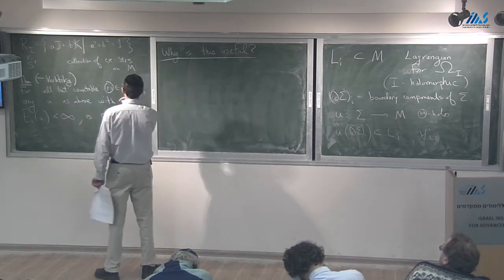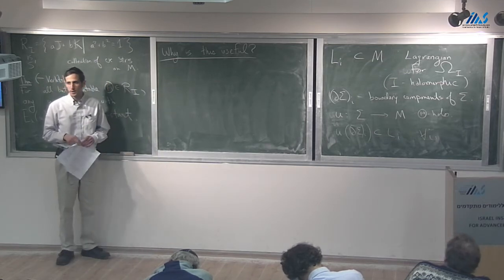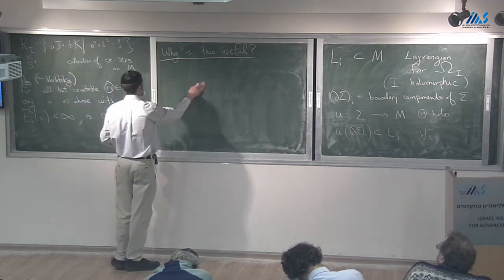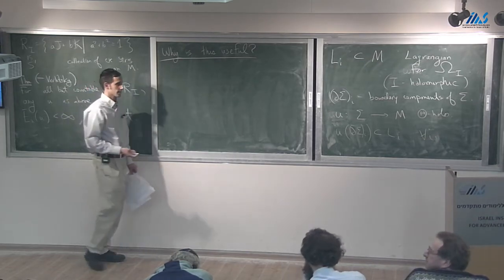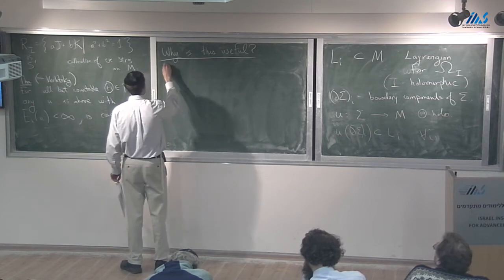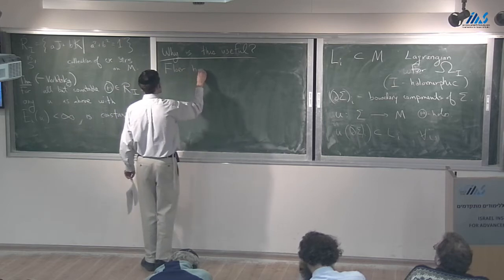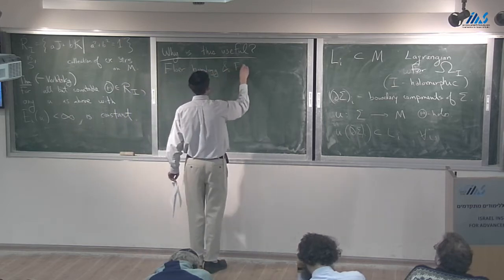So anyway, why is this useful? The main thing I want to do is talk about the Fukaya categories. This is going to be a pedestrian introduction to Floer homology and the Fukaya category, and hopefully along the way there will be some fairly trivial remarks.